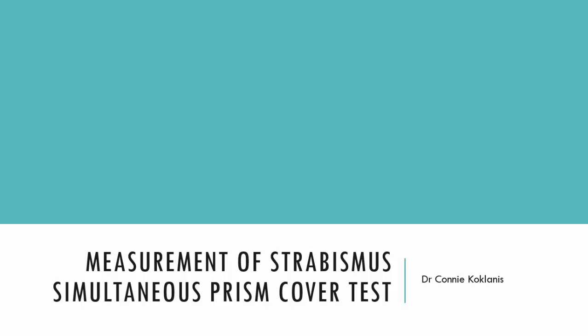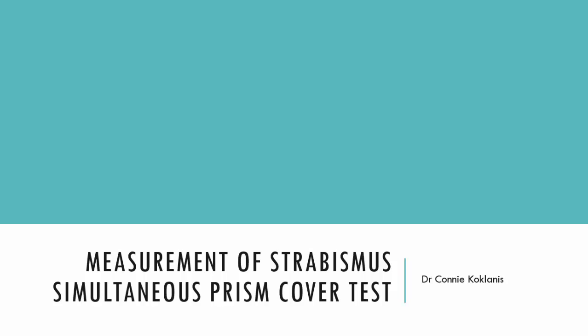However, what happens if you have both a manifest and a latent deviation present? This happens in a small group of patients who are known to have what's called a microtropia, and we'll talk more about that later. But for a patient who has a small angle manifest strabismus and an underlying latent, the Prism cover test, which uses that alternate cover test, will measure everything, both the manifest and the latent.